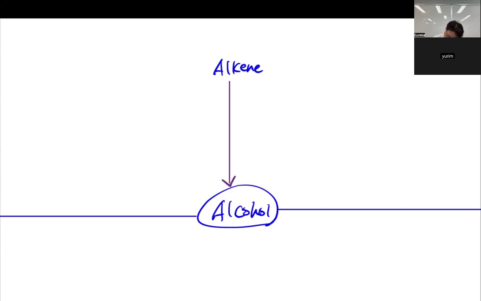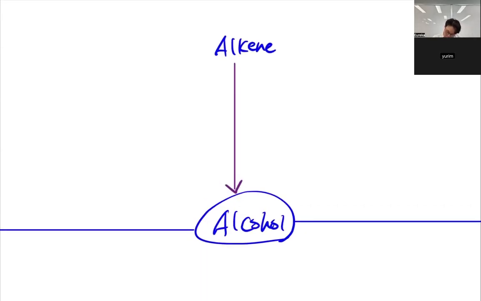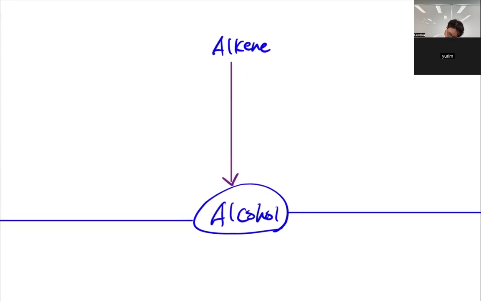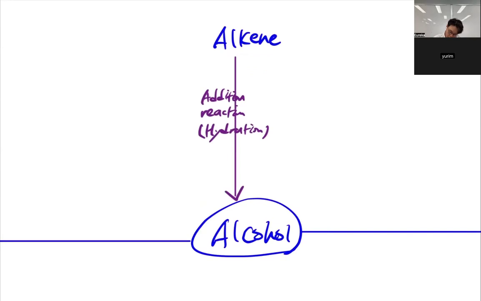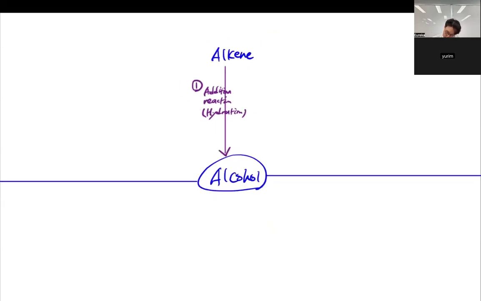Alkenes to alcohol like that. For this purpose, this will be known as the hydration or the addition reaction. So I put it there as equation one, also known as the hydration process.